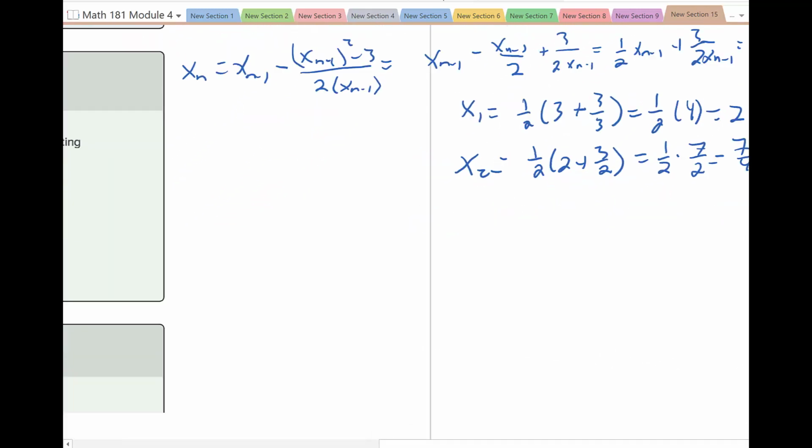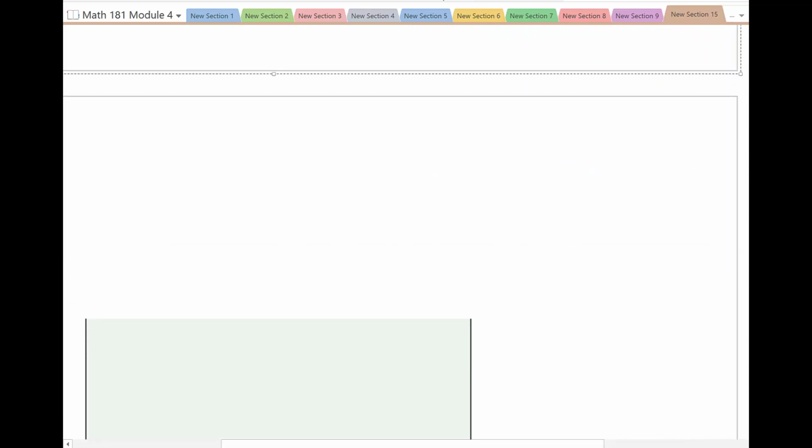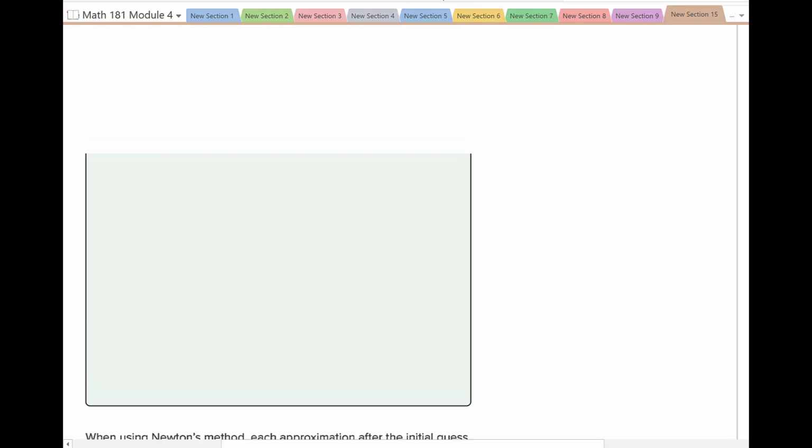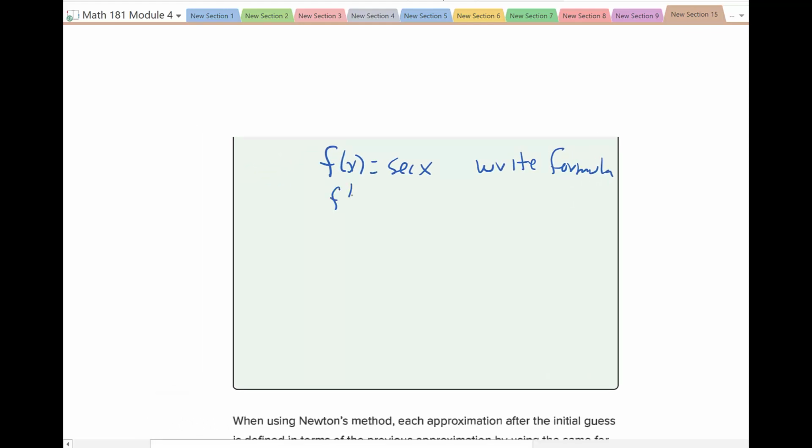Let's go on. There's another one here. This one didn't print, so let me write it in. It says f of x equals secant x. And so they want us just to write the iterative formula. So our f prime of x is going to be secant x tangent x.